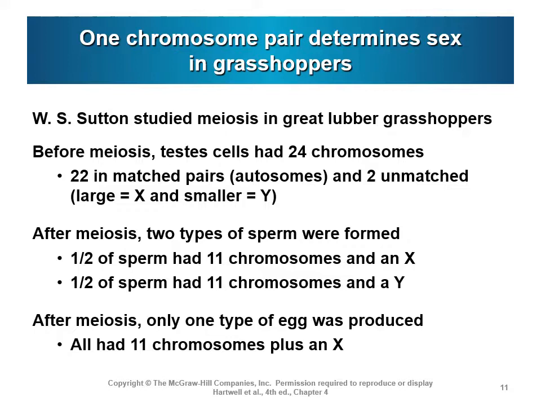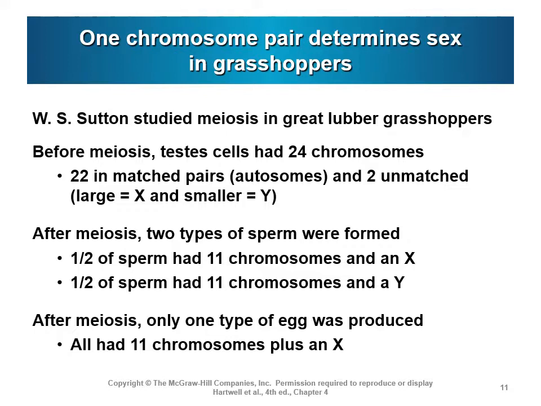By 50-50 chance, there were 11 chromosomes and an X chromosome, or 11 chromosomes and a Y chromosome.